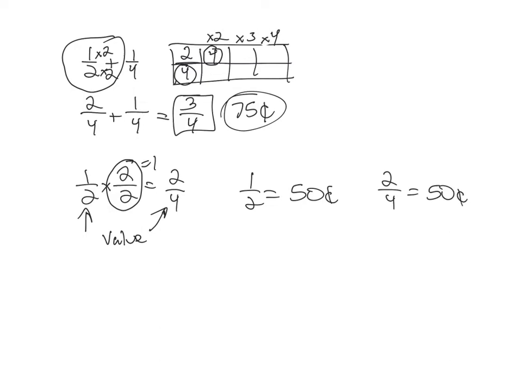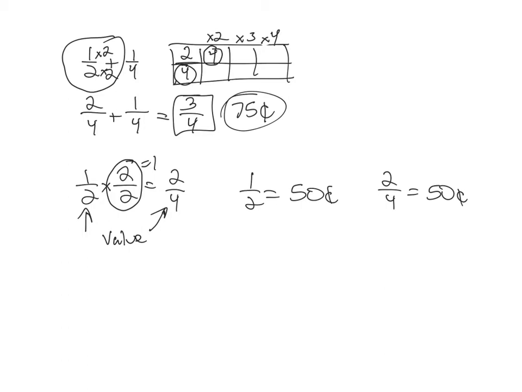The amount would look different. There is such a thing as a 50-cent piece. They're not really that popular anymore, but they used to be. And 50 cents or 2/4, the value is still the same. If you had 2/4 and someone else had 5 dimes, you'd both have 50 cents. They would look different, but the value is the same. So value is what we're concerned about.